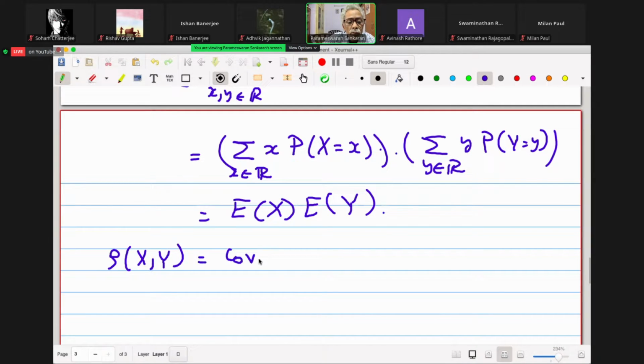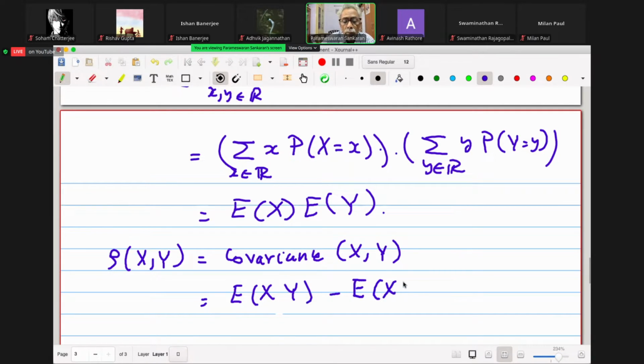Covariance of X comma Y is defined to be E of X times Y, there's no x comma y, E of XY minus E of X times E of Y.